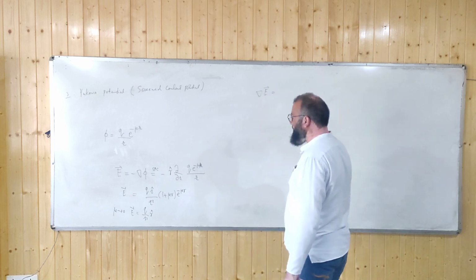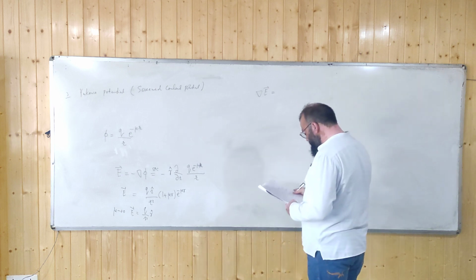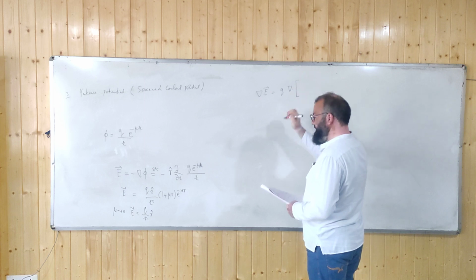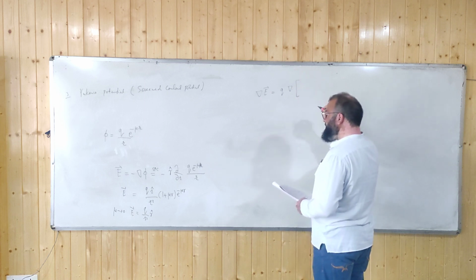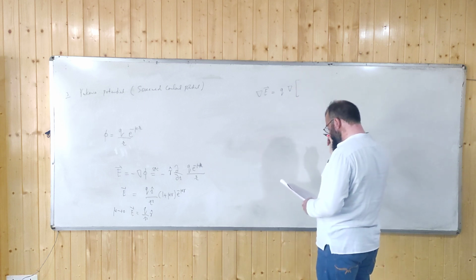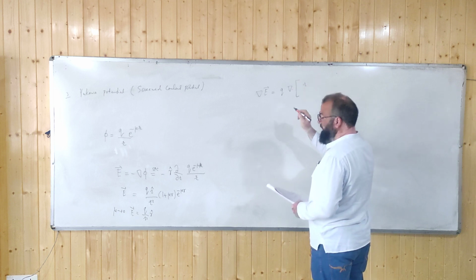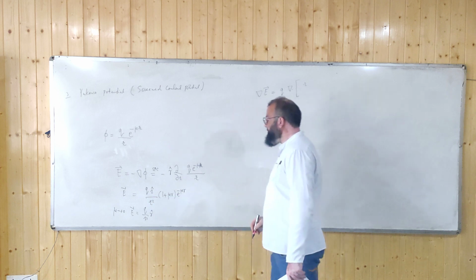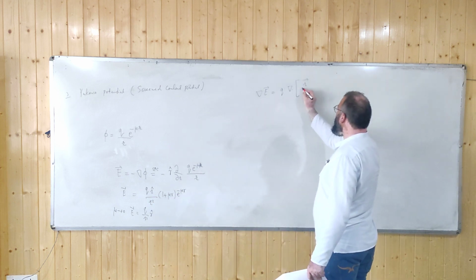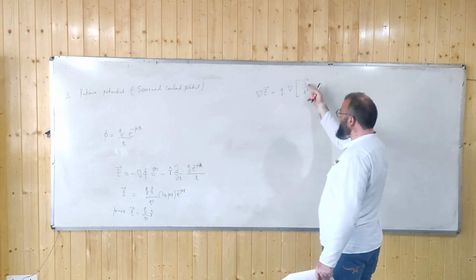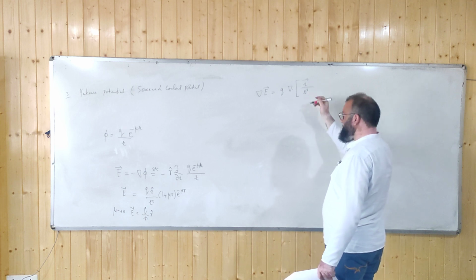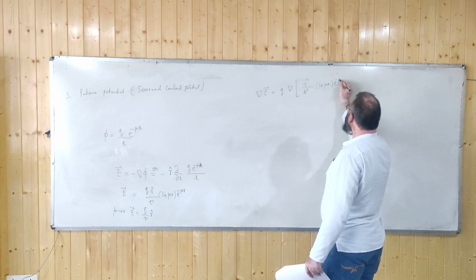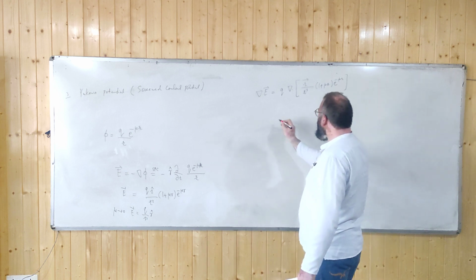So how do I write the divergence? It is Q times the divergence of, what is our E? You can write it as vector r by r cube, which is the same as unit vector r by r square, times 1 plus mu r, e raised to minus mu r.